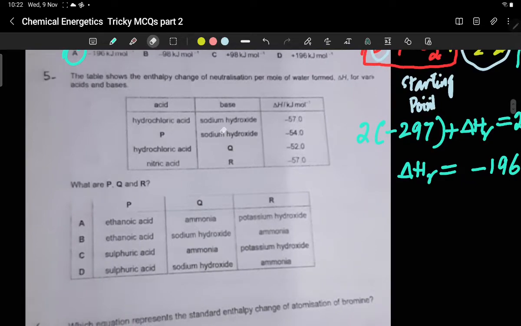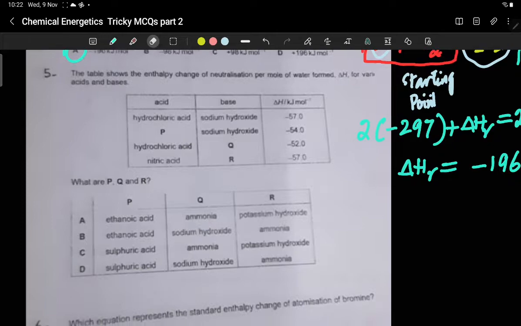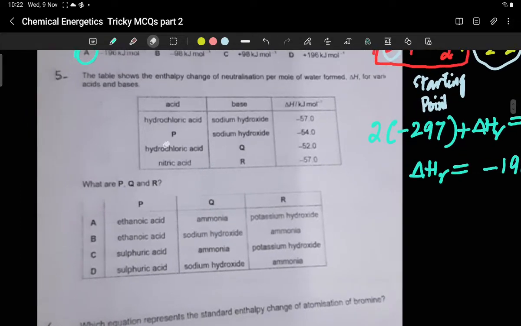Hydrochloric acid with sodium hydroxide: I have discussed in class that the enthalpy change of neutralization of a strong acid and strong alkali is always minus 57 kilojoule per mole. So this is P, and with sodium hydroxide, this is minus 54. So hydrochloric acid with Q is minus 52.